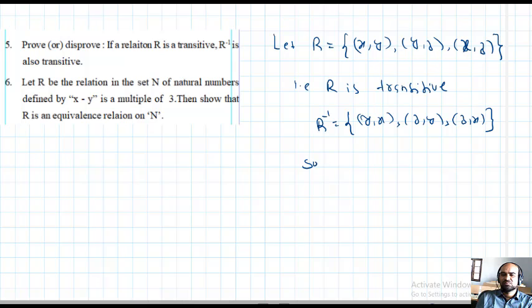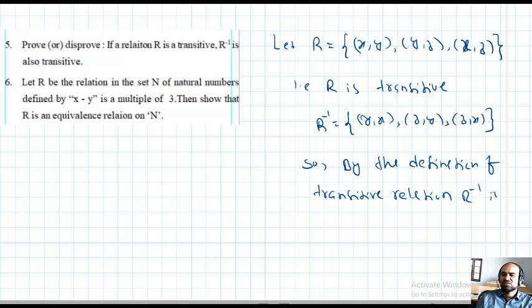So by the definition of transitive relation, R inverse is transitive. Okay, I proved that if R is transitive, then R inverse is also transitive.